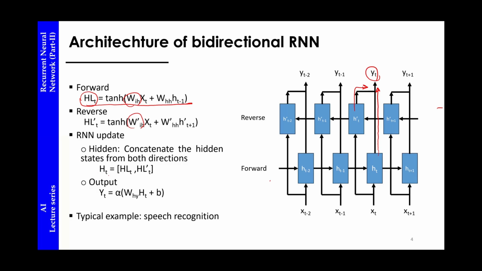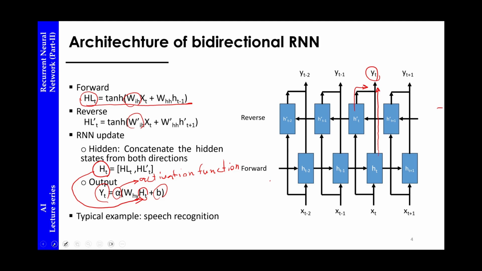To show the total hidden layer, we should concatenate h_t and h'_t. And the output is simply written here. We have an activation function, alpha, and h_t is from this formula, the concatenation of the forward and backward hidden states, and we have a bias. Typically, these networks are used in speech recognition.